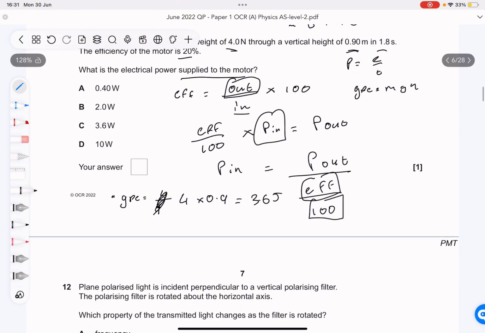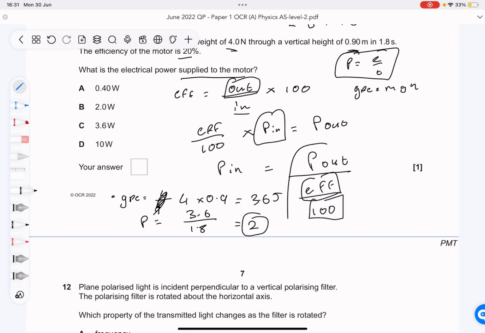So to find the power, that's simply 3.6 over 1.8. As we said here, power equals energy transferred over time. So 3.6 over 1.8 equals 2.